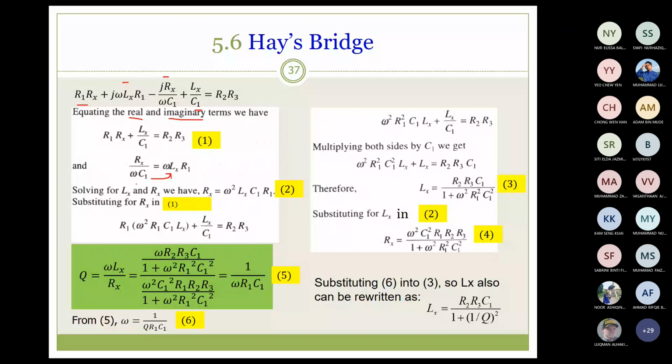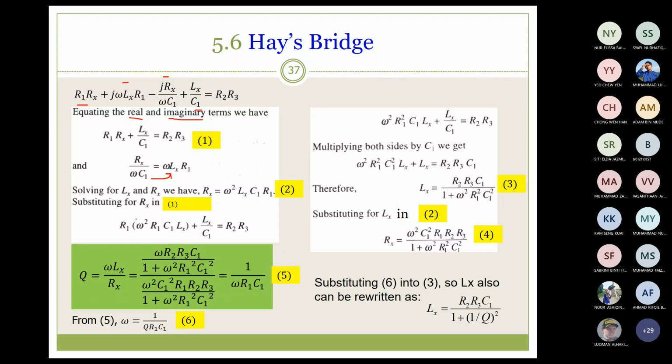Okay, we multiply the top and the bottom one, and we can get omega 2 Lx C1 R1, and we substitute it into equation 1. Let's call this equation 2, and we substitute the value of Rx into equation 1.